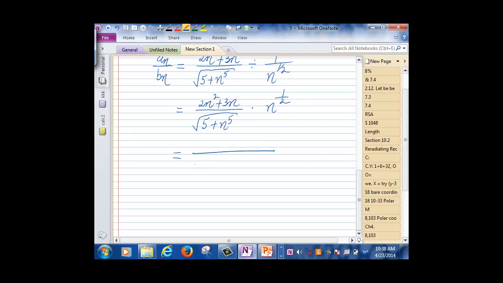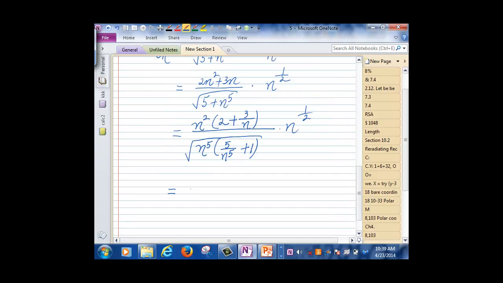Well, just factor out the highest order terms. So in the numerator, the highest order term is n squared. So I get 2 plus 3 divided by n. In the denominator, if I factor out n to the 5, I'm going to get 5 over n to the 5 plus 1, right? And I have the square root times n to the half.